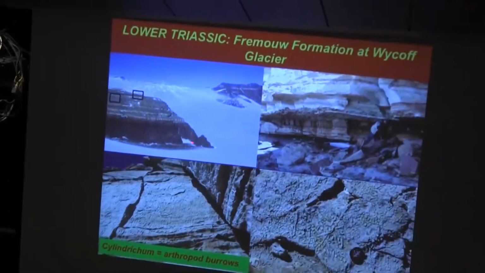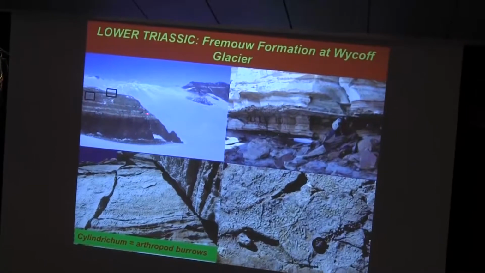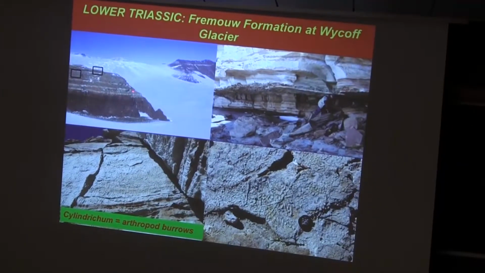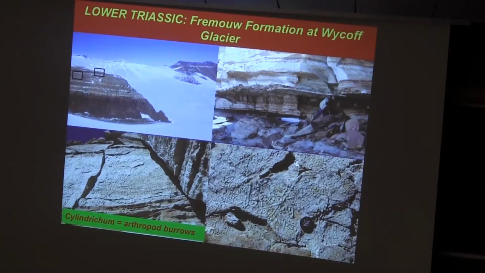All right, now if we go look at examples of the Fremouw Formation, there's an example from Wyckoff Glacier. Instead of being dark sediments or light sediments and highly laminated, you get thick intervals of sandstones that represent braided rivers, and then intervals of what we think are mudstone, but it's more like a muddy sandstone.